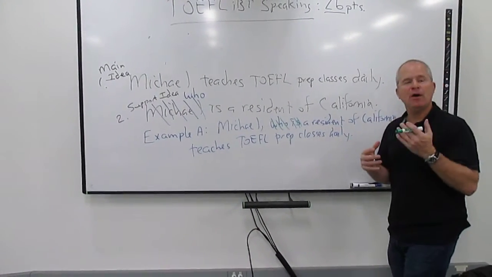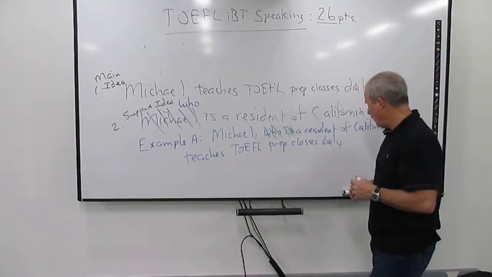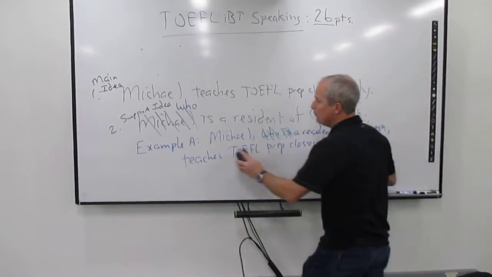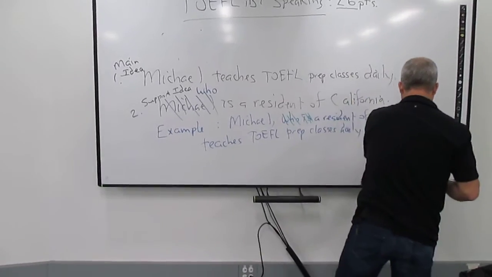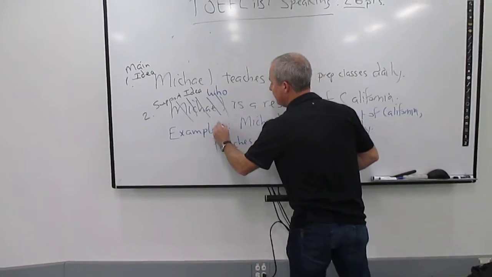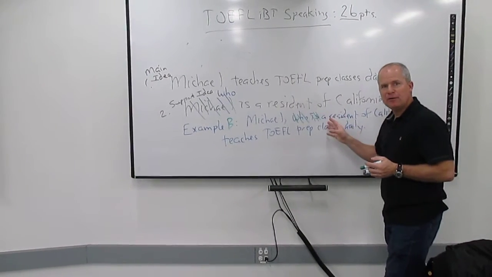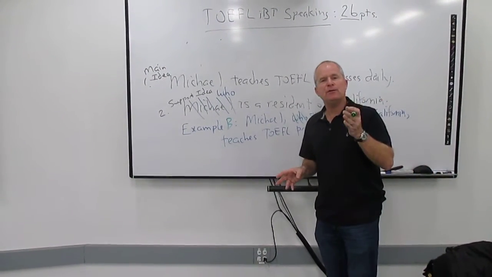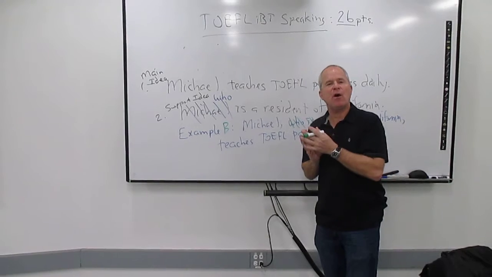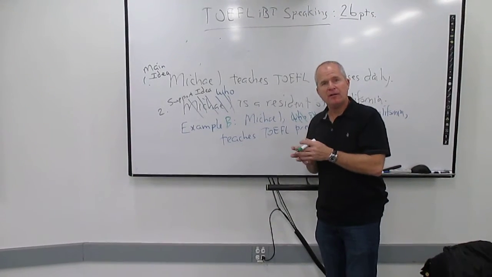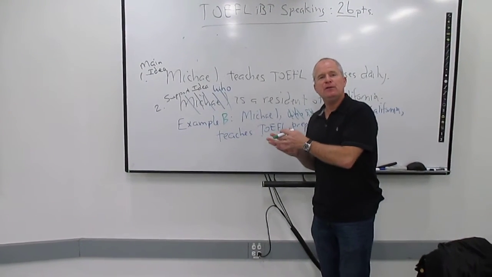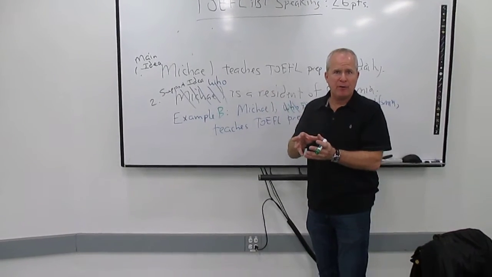This is another way that we can express this idea. So we can call this one example B. Do you understand this one? So instead of using the adjective clause, we have reduced the adjective clause to what's called an appositive. An appositive is a noun phrase that's used to modify another noun phrase.